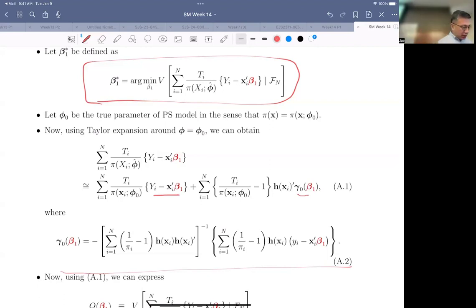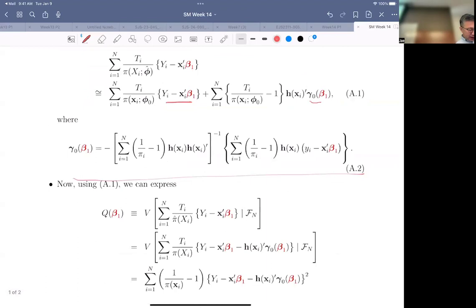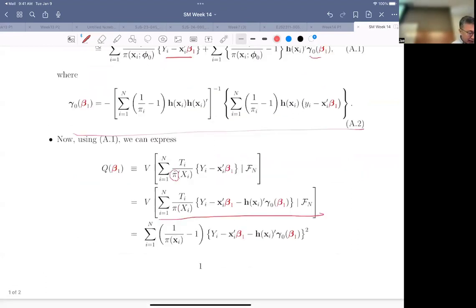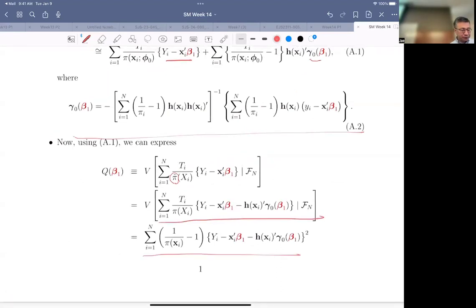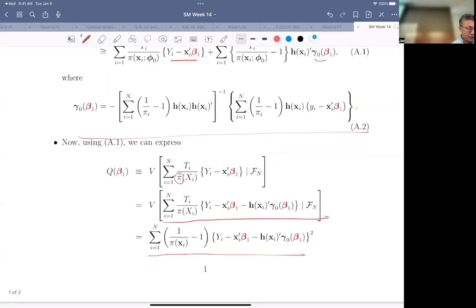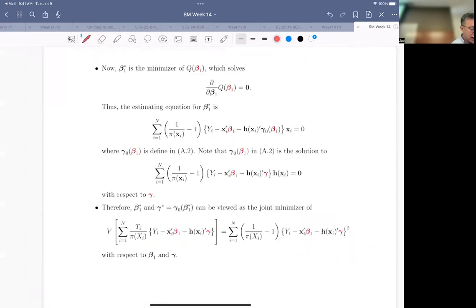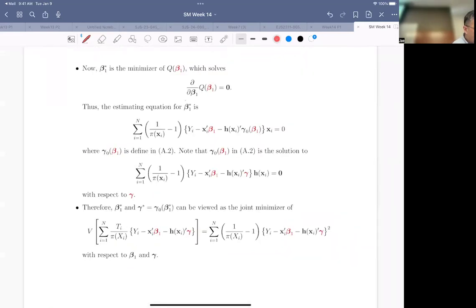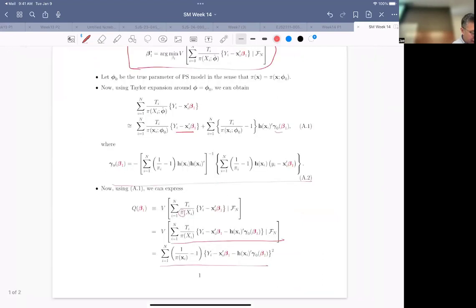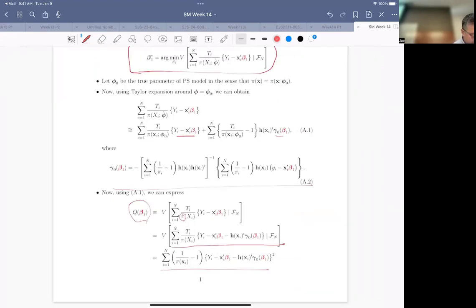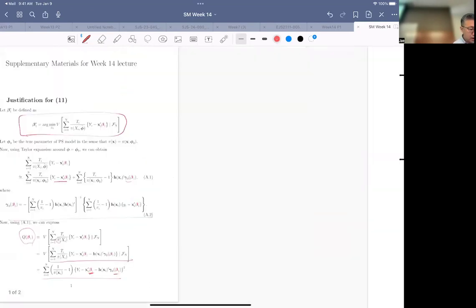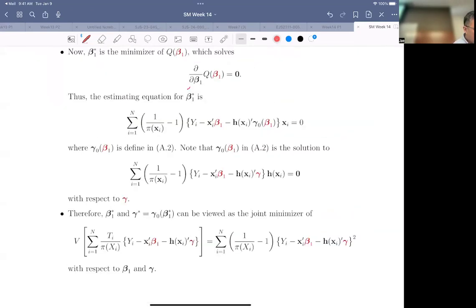Once you obtain that, you can rewrite. So this is the original problem. Then you do the Taylor expansion, and this guy is indeed this form. After that, you want to solve for the minimizer, which has a here and here, and if you solve it, you get this one.